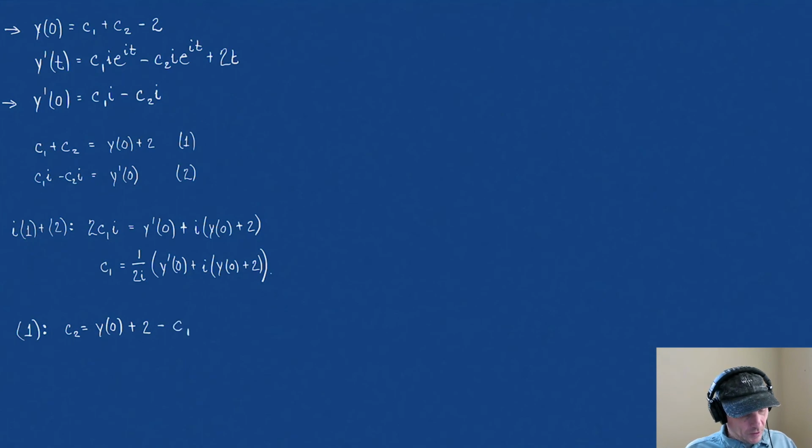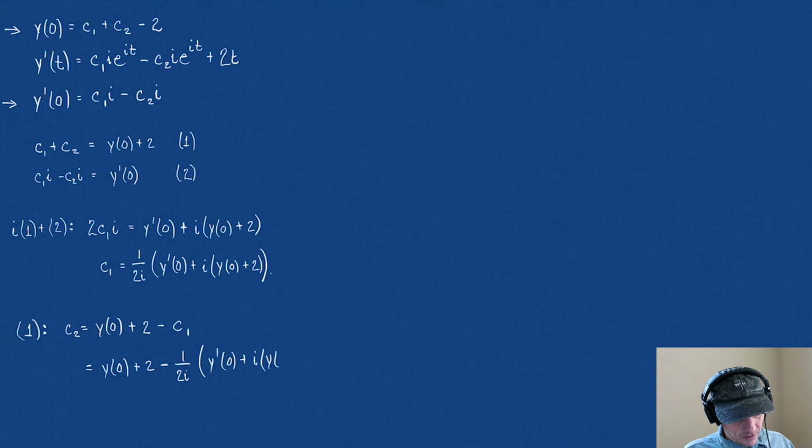Well, we know what c1 is, so we can write this as y of 0 plus 2 minus 1 over 2i times y prime of 0 plus i times y of 0 plus 2. And there we have it. Now we have found c1 and c2, and we can write our final solution.